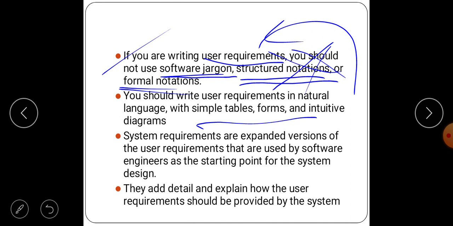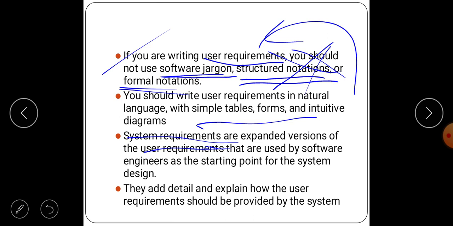The system requirements are an expanded version of the user requirements that are used by software engineers, nothing but software developers, as the starting point of the system design.